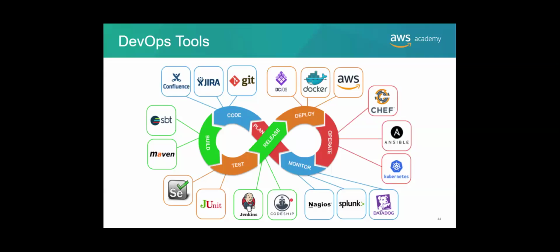Now here you can see there are some other preferences. Nagios, Kubernetes for the operate and deploy environment. We have AWS, Docker, and for code we have Git, Jira, Maven for build, and Selenium for testing.